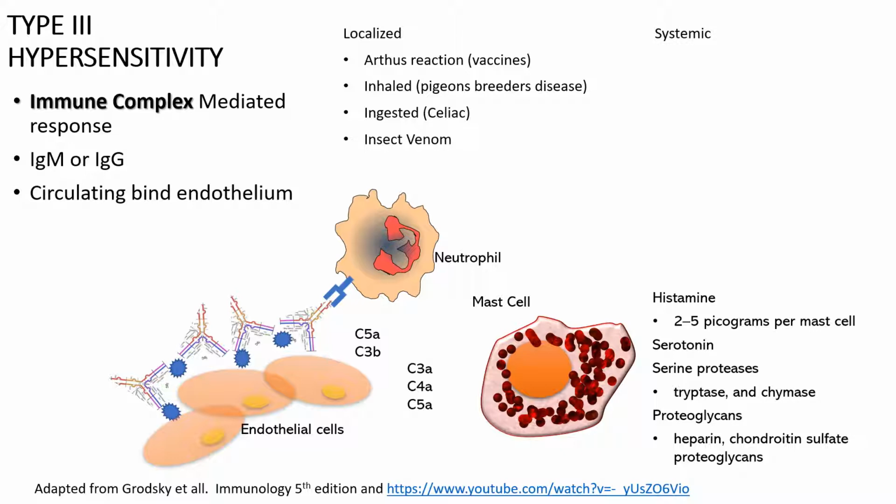The problem is that this could become systemic, and we have typically serum sickness, lupus glomerulonephritis. When these immune complexes are deposited in the kidney, they are carried in the blood and deposited in the kidney. In rheumatoid arthritis, the immune complexes will actually eventually find their way into the joints and cartilage, and of course with chondroitin sulfate proteoglycans destroy the joints, and also some other types of animal venom.